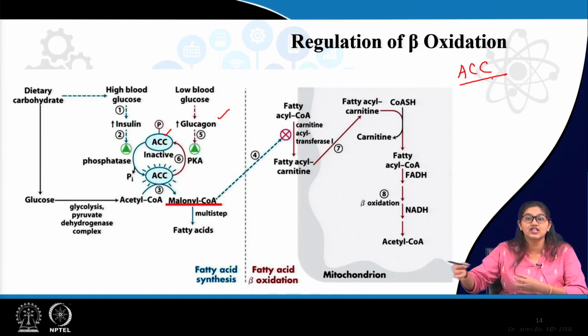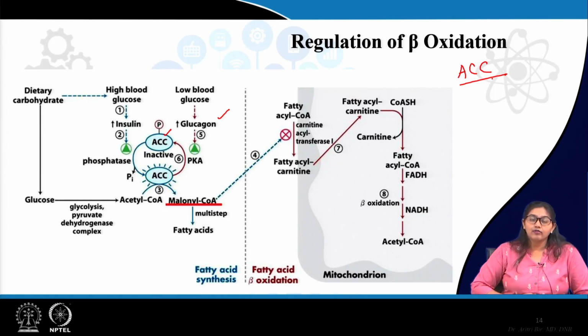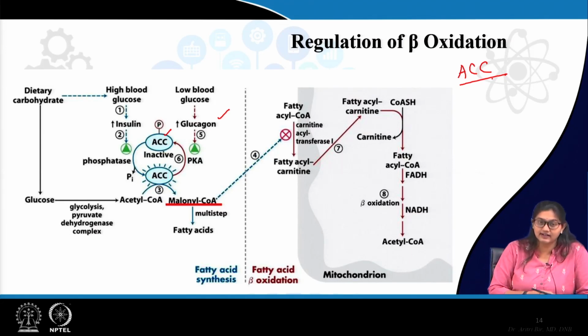So, that is a storage form. Now, when acetyl coenzyme carboxylase is activated, it means that is a dephosphorylated state. Glucagon, once again through cyclic AMP dependent activation of protein kinase A, causes phosphorylation of ACC, acetyl coenzyme carboxylase.